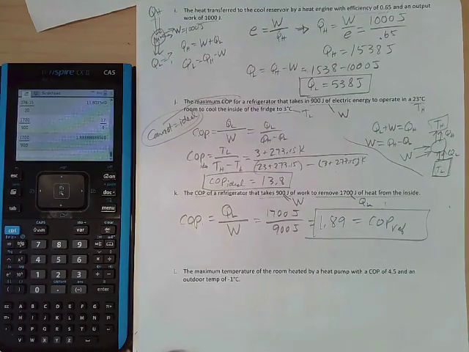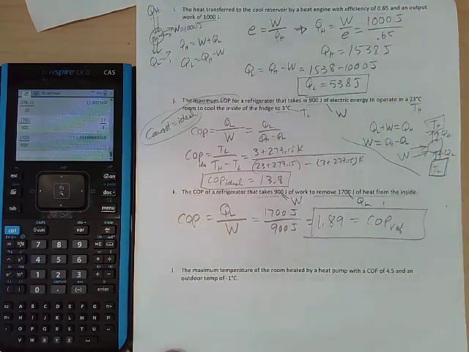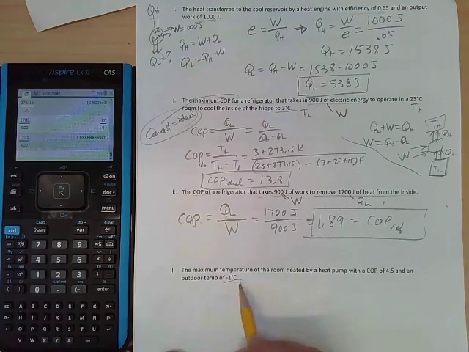Part L. Find the maximum temperature of the room heated by a heat pump with a COP of 4.5 and an outdoor temperature of -1 degree Celsius. Maximum temperature.